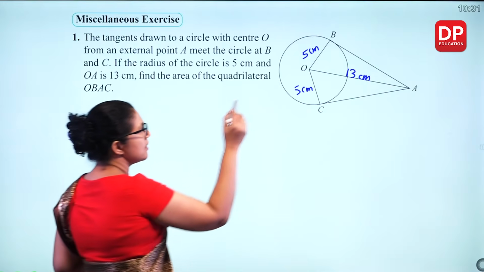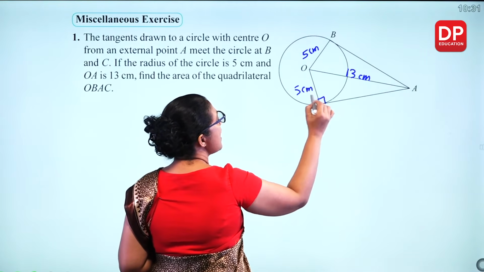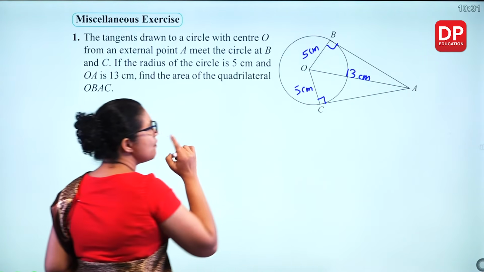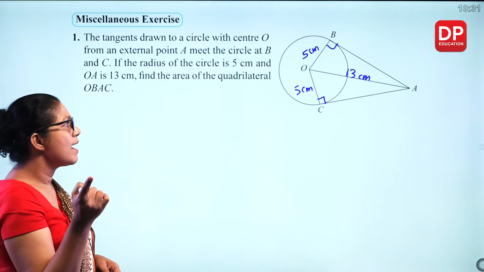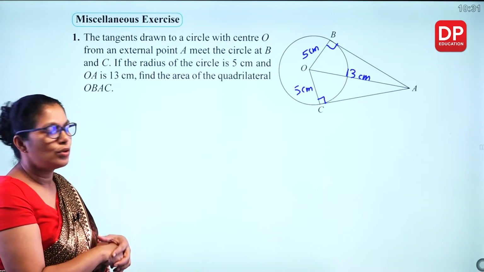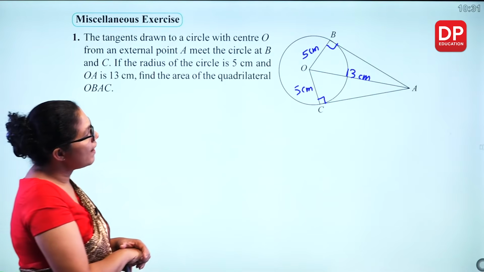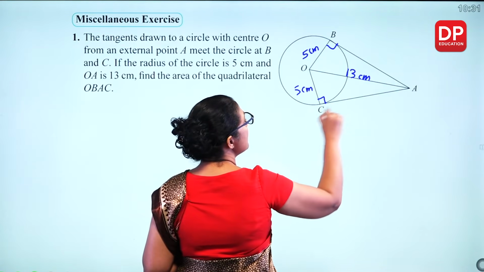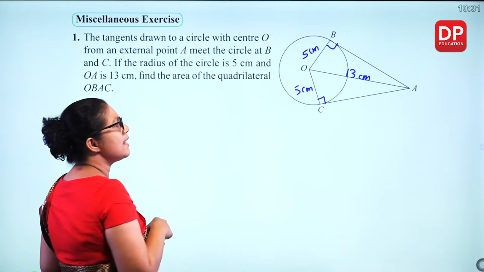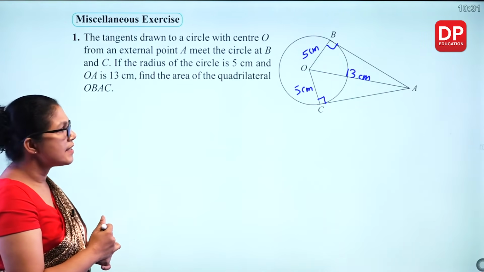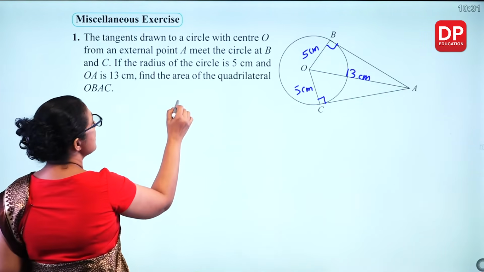We know that the radius and the tangent are perpendicular. If we can find out the area of one triangle, multiply by 2. So to find the area of the triangle, we need the length AC. This is the base. This is the perpendicular line. So we'll use Pythagoras theorem and find AC.